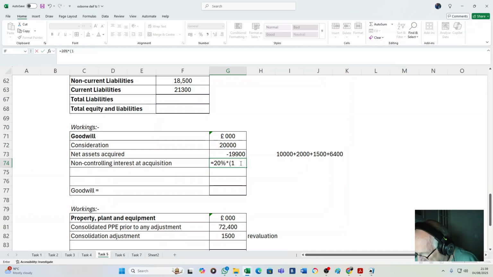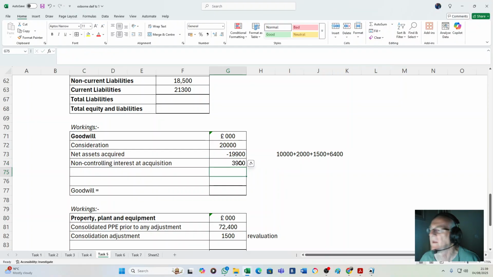Don't mind doing this slowly. Share capital, premium. Retained earnings at acquisition 3,980. So slight variation. Again, enough practice papers, you'll see this.